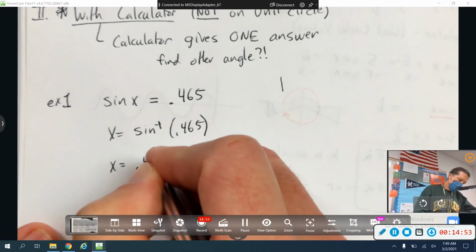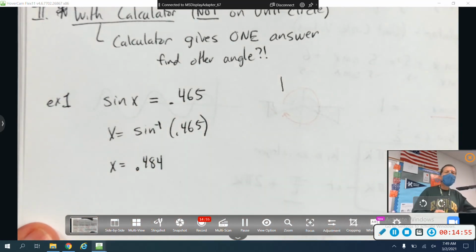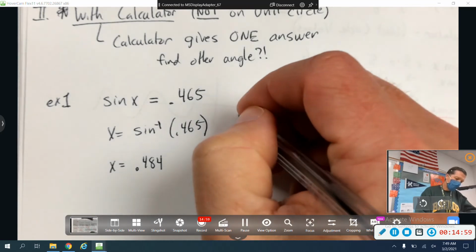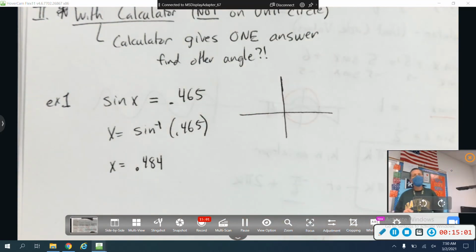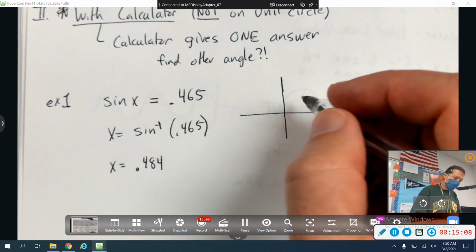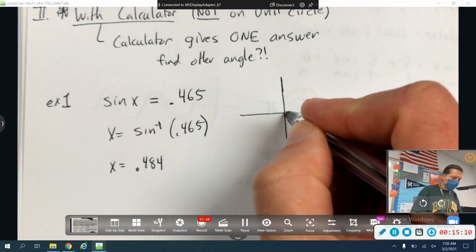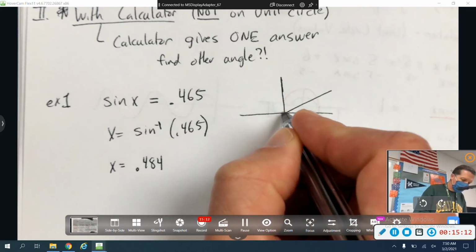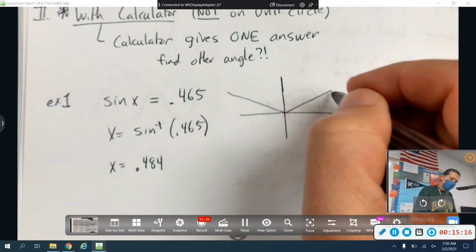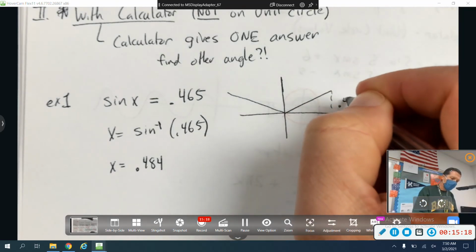Okay, let's draw this out and see if we can figure out what else is going on here. Sine is positive. So sine is positive in the first and second quadrant. So I have no idea what the angle looks like, but something like that, where this height is 0.484.